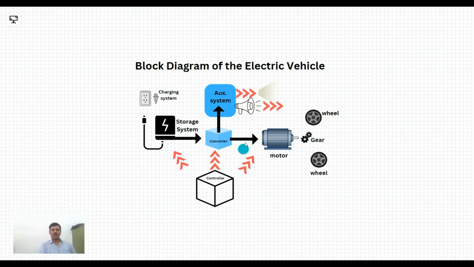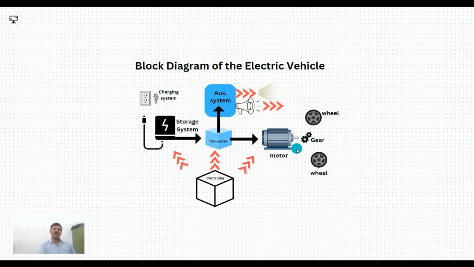Basically, the converter is taking the supply from the storage system, and that storage system is giving supply to the converter, which is diverted two ways. One is the auxiliary system and another is the electrical main driving system. Okay, so mostly the auxiliary system in case of electric vehicle is generally DC, and the output side for the motor depends on which motor you are using for the driving purpose.